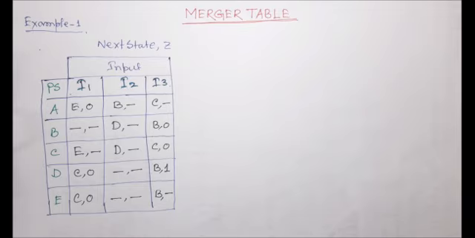Because if the number of states is much more, then if I draw a merger graph, it is very difficult to find out the implied pairs, and uninterrupted edges and interrupted edges are very difficult to find out. So whenever we deal with a machine with a large number of states, we always try to go for the merger table, which is very easy.